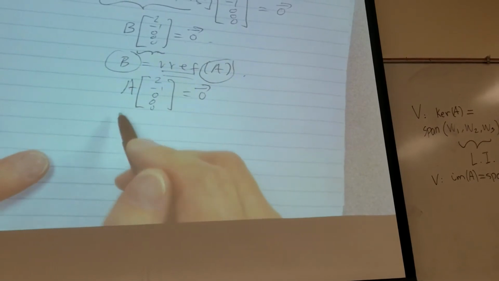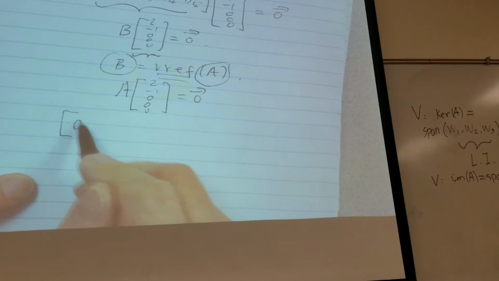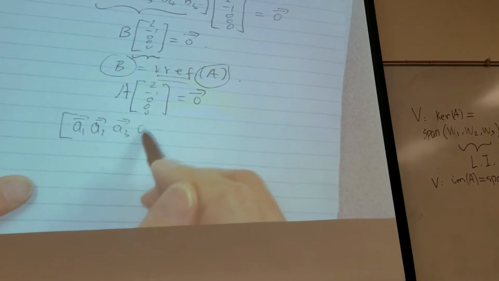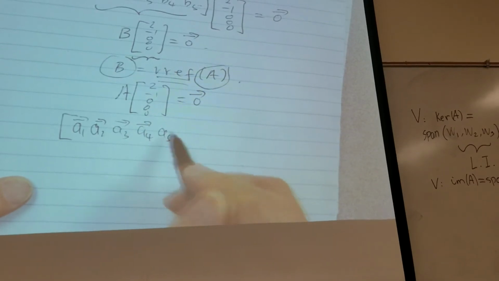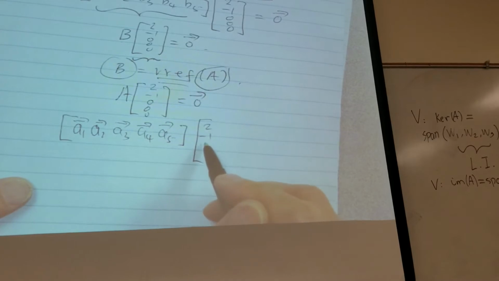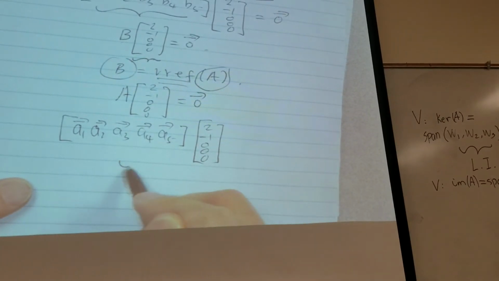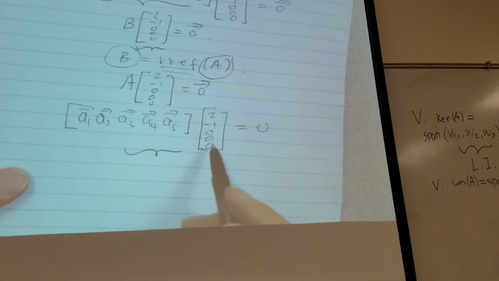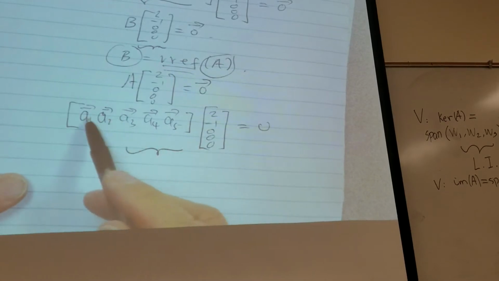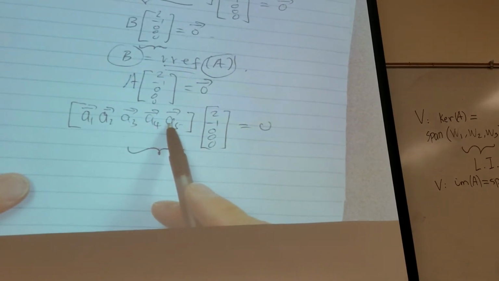So now, how about I write this A out? A1, A2, the columns, A3, A4, A5. I write the columns out. And then I do the same thing, 2, -1, 0, 0, 0, copy them down. So this time, I'm going to use the linear combination way to write down this multiplication. This matrix times this column.